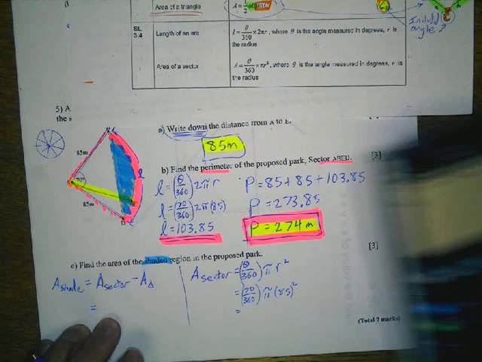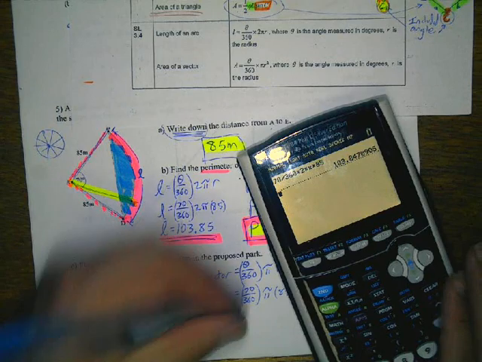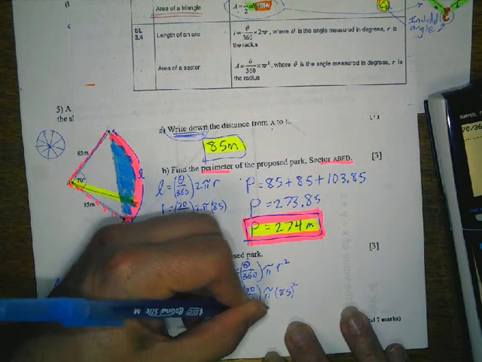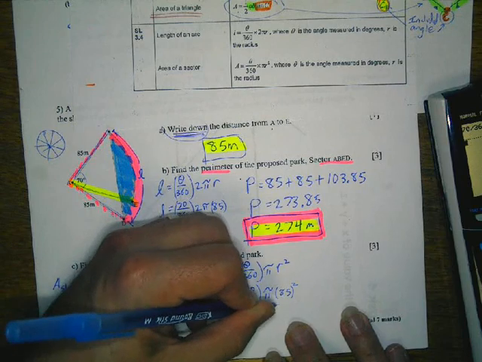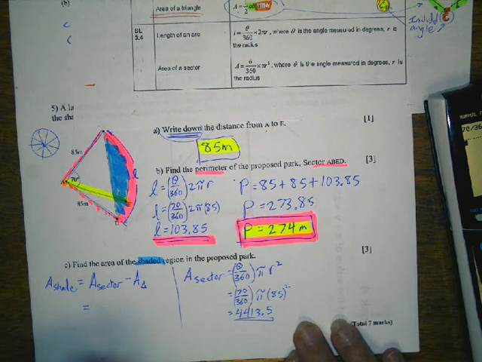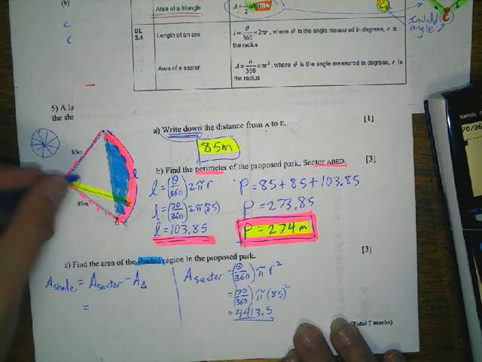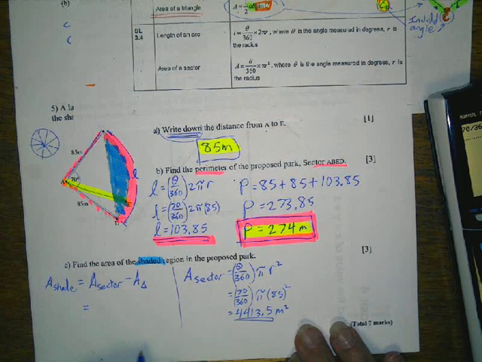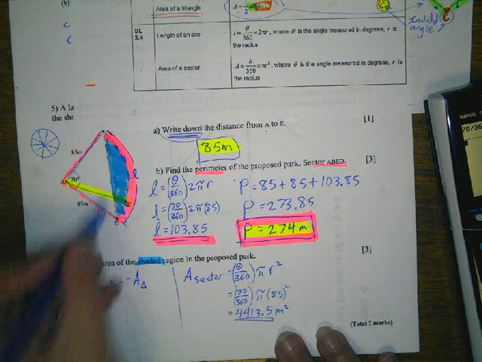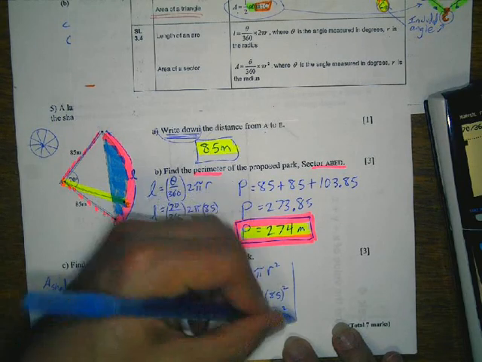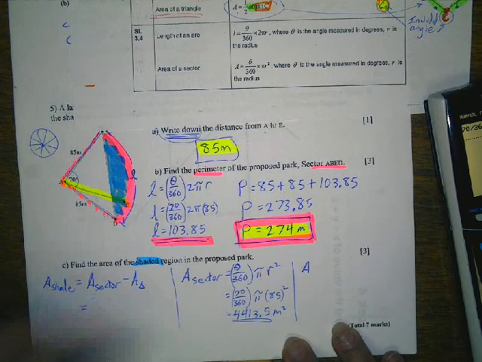So I plug that into my calculator, and then I get 4,413.5. I believe that's what we got during class. Okay, what are the meters squared? Okay. Now, so that's this whole area of this whole pizza.